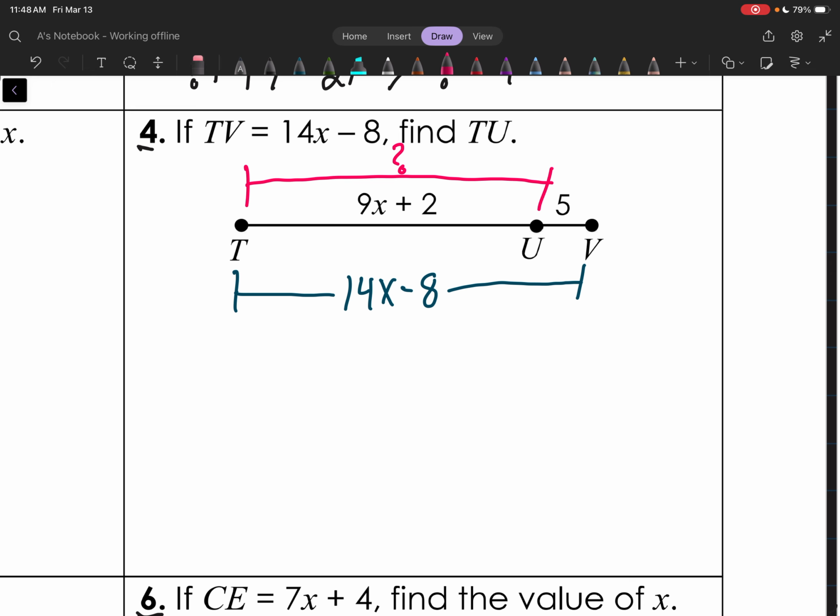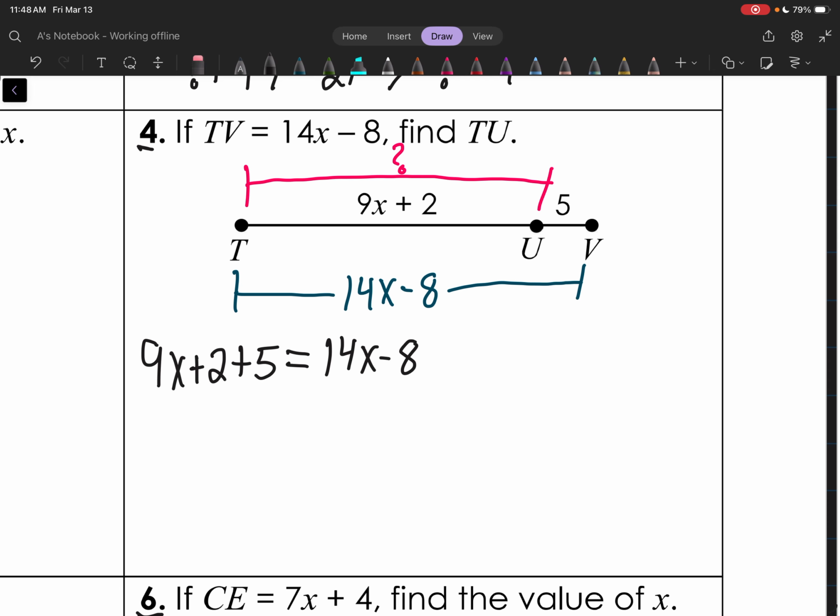Now, because we have the length of the two inside line segments and the entire line segment, we can solve the equation, solve for x, and then find the length of TU. So, using the segment addition postulate, 9x plus 2 plus 5 equals 14x minus 8.